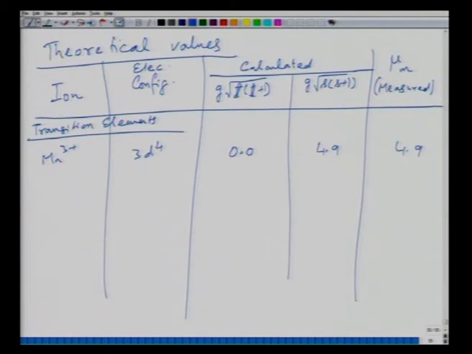So the spin contribution is fairly accurate. Similarly, Fe3 plus has 3d5, and the measured value is 5.9.